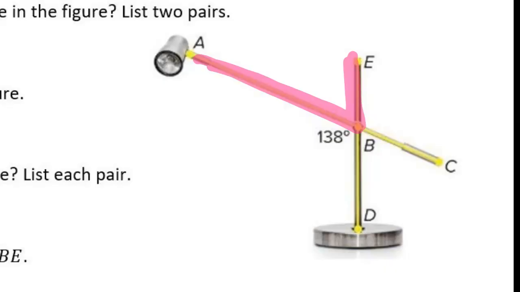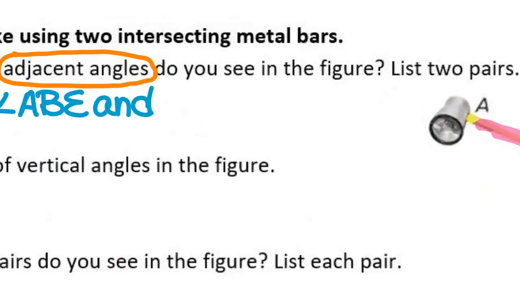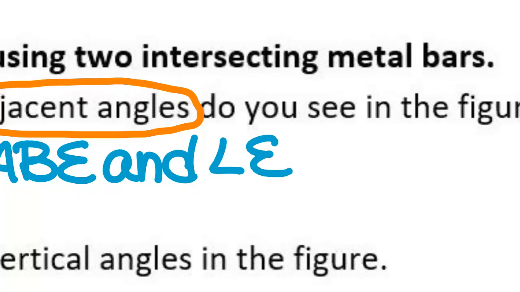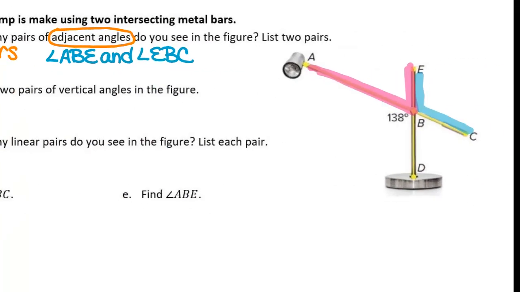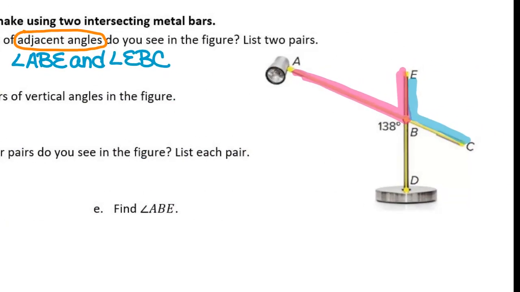What would be a possible angle that would be adjacent? EBC. If you said EBC, that would be adjacent. ABD is also adjacent. I'm going to go with this one since that's the first I heard. Angle EBC. All right, so those are adjacent angles.